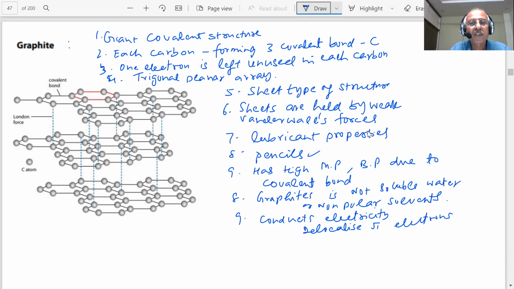Therefore, students, you have seen two important forms of that. Note down the important properties before I proceed further.